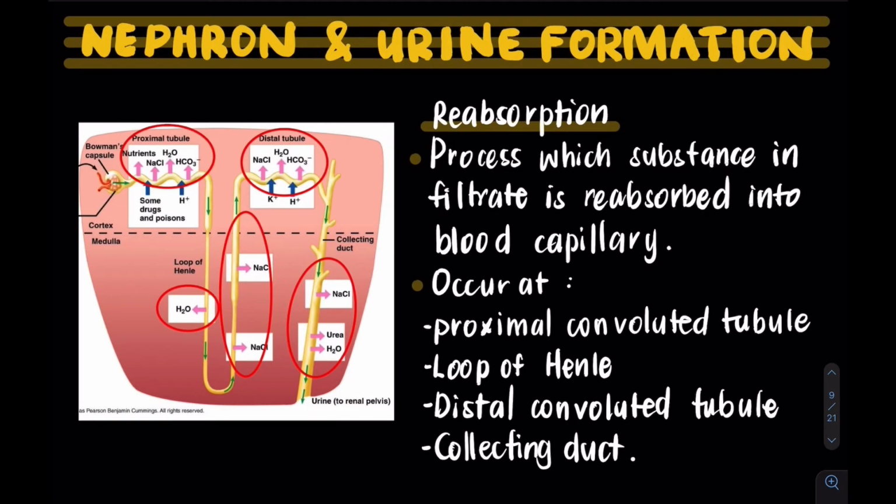Next is reabsorption. Reabsorption is a process in which substances in the filtrate are reabsorbed into blood capillary. This occurs at the proximal convoluted tubule, descending and ascending limb of loop of Henle, distal convoluted tubule, and the collecting duct.